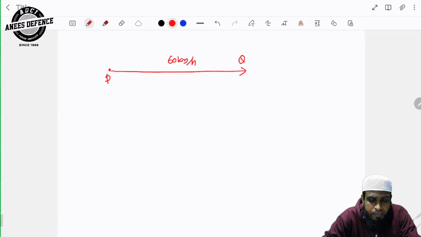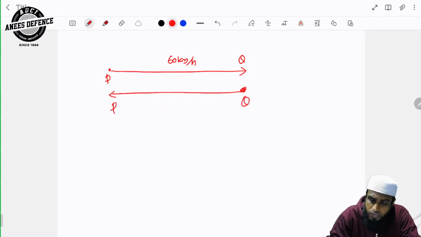And at the same time, another person moves from Q towards P with a velocity of 80 km per hour.